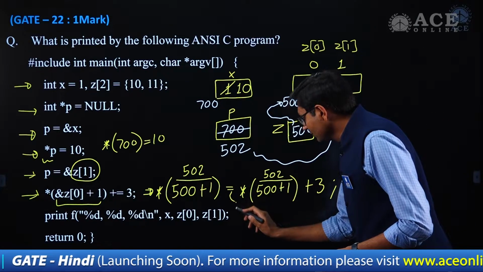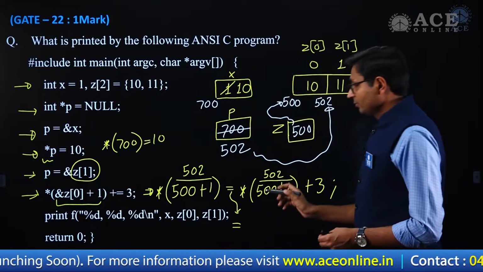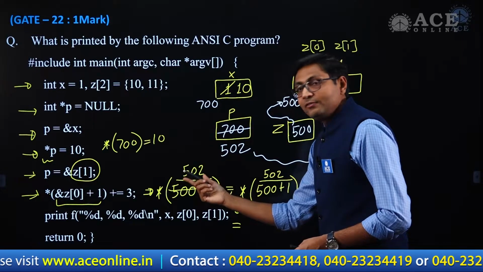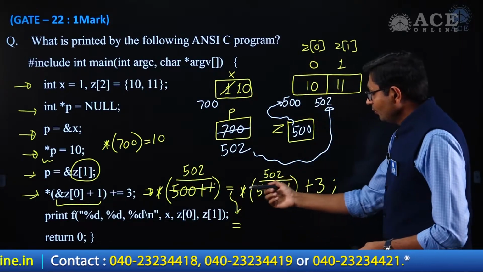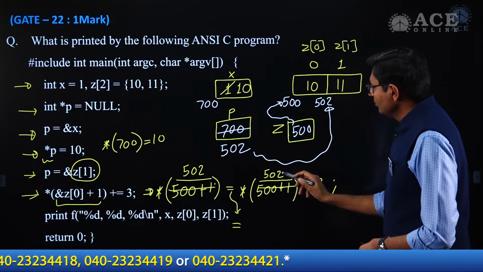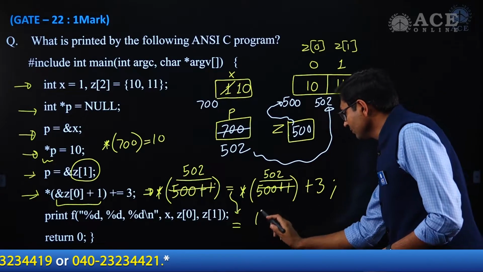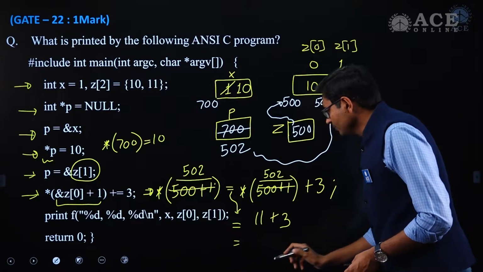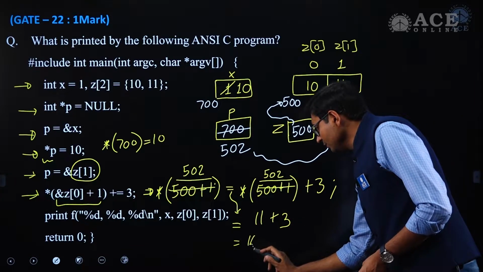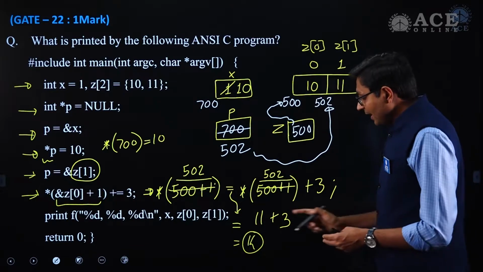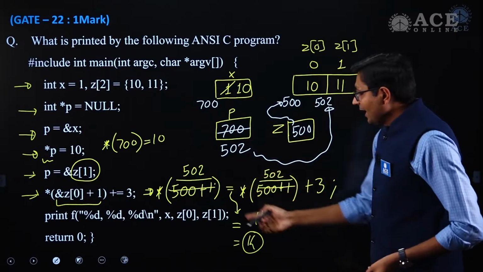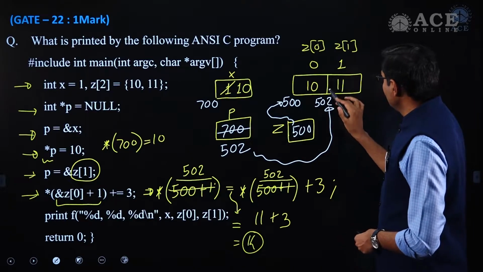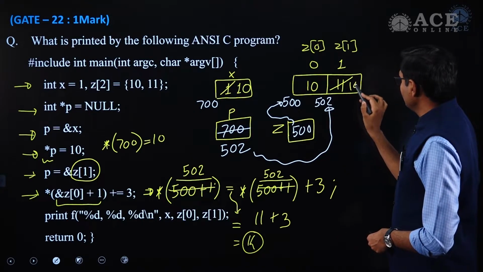Let's calculate. Value at 502 is equal to, what is the value at 502? 11 plus 3 is equal to 14, right? And it is stored at the address 502, back to 502. So it will become 14.